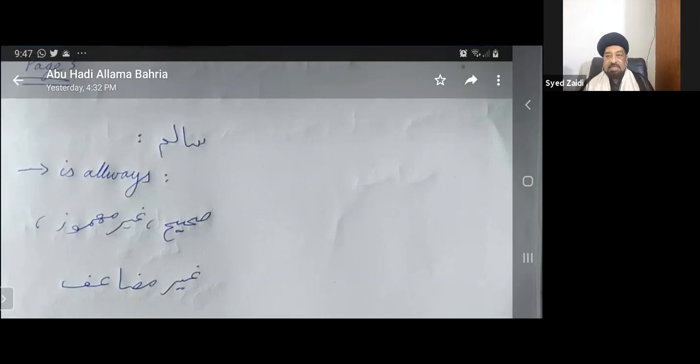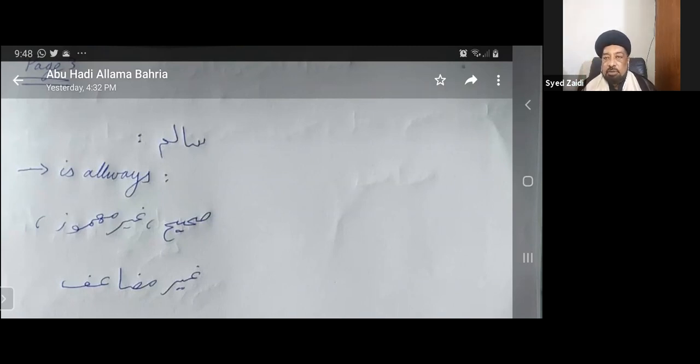But a word can be sahih and be salim also. Salim means a word that is sahih, which means that there are no huruf illa in it, but it is also ghair mahmuz and also ghair mudha'af.